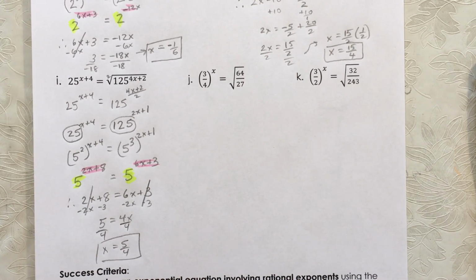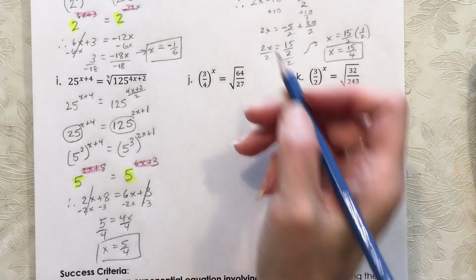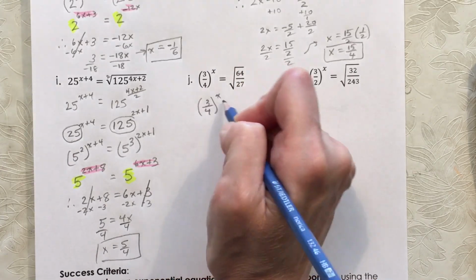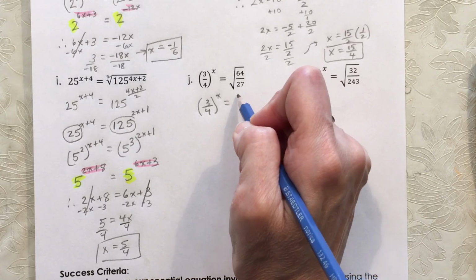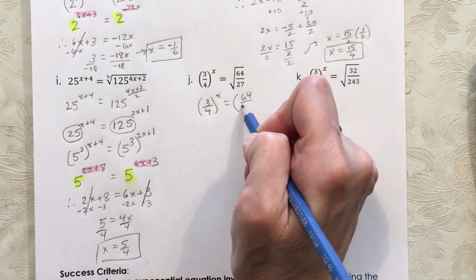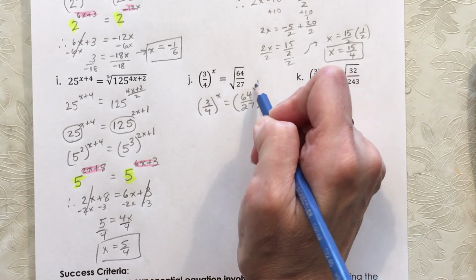Okay, J, 3/4 to the power of x is equal to 64, the square root of 64/27. So first of all, notice my base is a fraction here. So these are getting a bit trickier now. And I can rewrite this as 64/27 to the half.